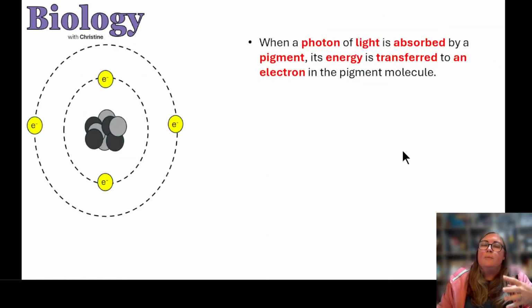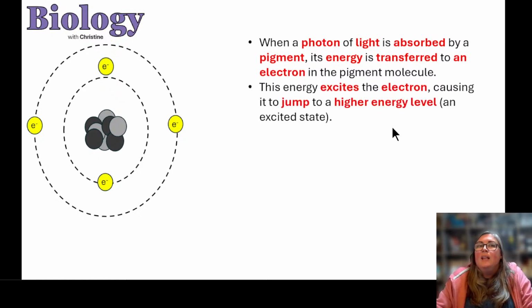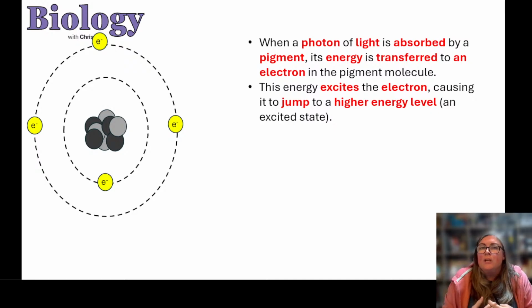It's important to note that when the photon of light comes in, the electrons get excited because they've absorbed that energy. They jump up to a higher energy level. When they're at a higher energy level, they're in an excited state. They've got more energy than they started with.